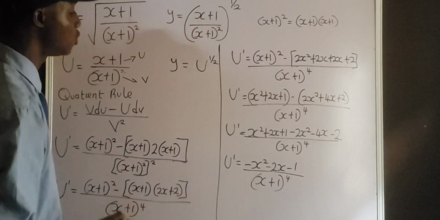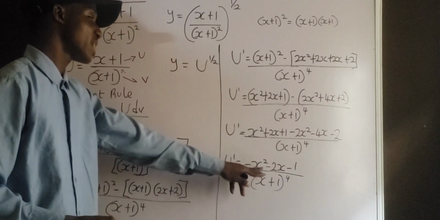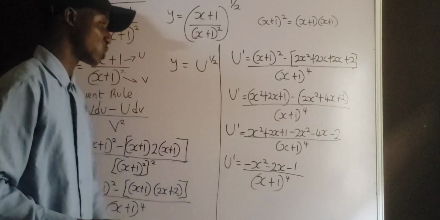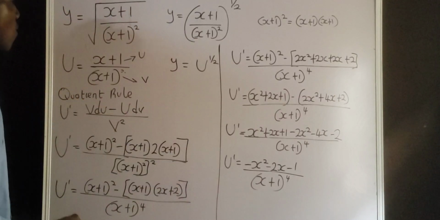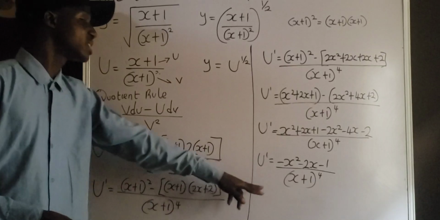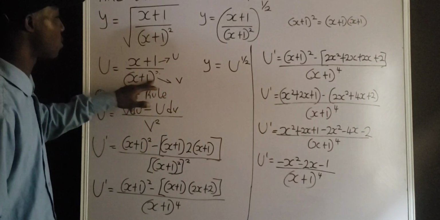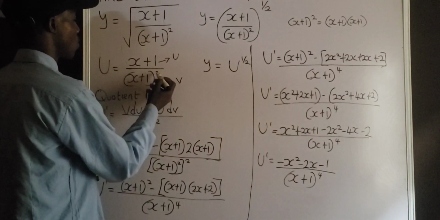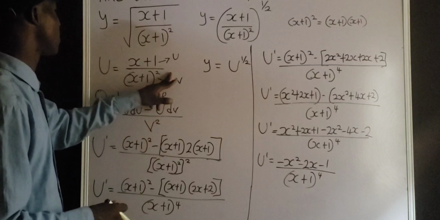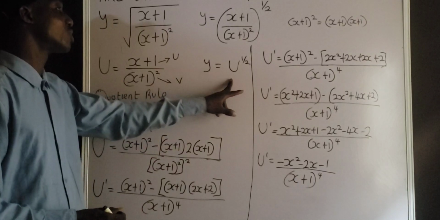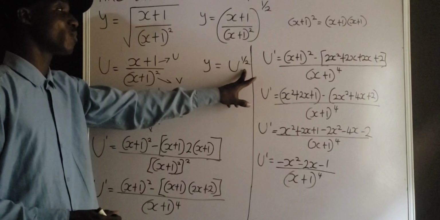So the derivative of u is what? Negative x squared, negative 2x, negative 1 all over x plus 1 raised to the power of 4. So I have taken the derivative of the inner function, which is x plus 1 over x plus 1 raised to the power of 2. Having taken the derivative of the inner function, I have to take the derivative of the outer function, which is y equals u raised to the power of 1 over 2.